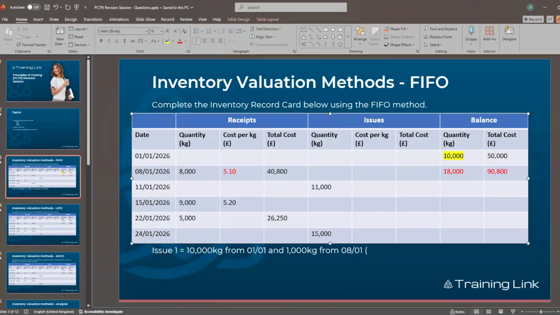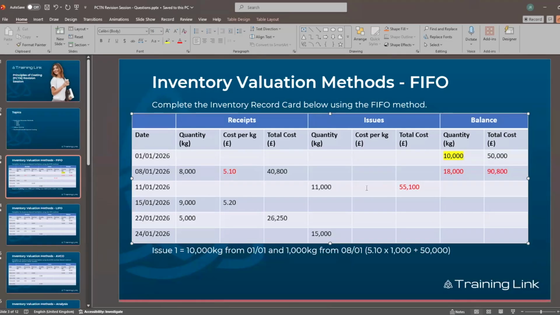We know that the cost per kilogram is £5.10. So if we do £5.10 times 1,000 plus the 50,000 total cost, that should give us a total cost of 55,100.